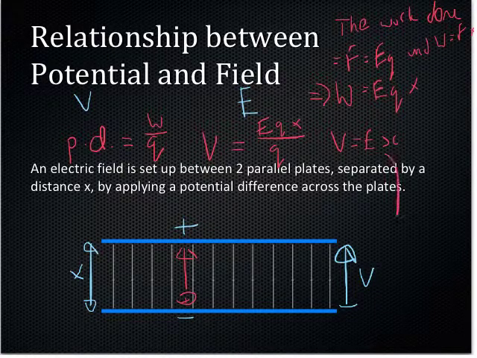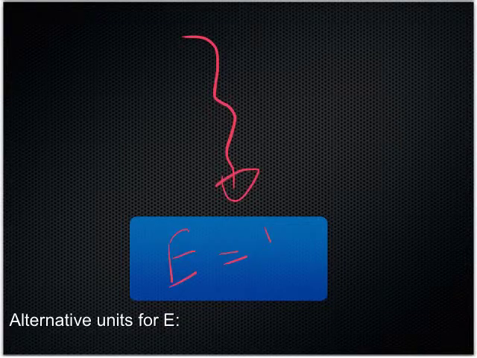Or, if you remember from last year, E equals V over d. Sorry, I probably should have used that space before, but going all down here, we write E equals V over d, what we had before. And so the alternative units are volts per meter.